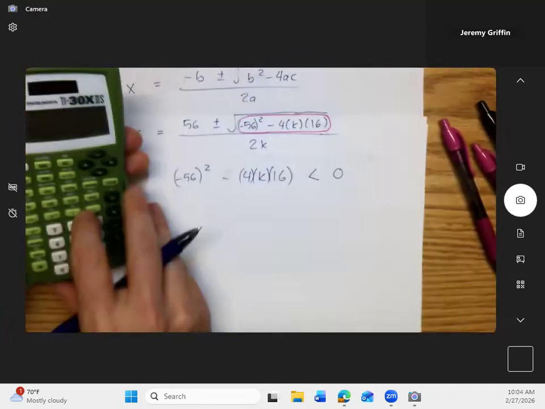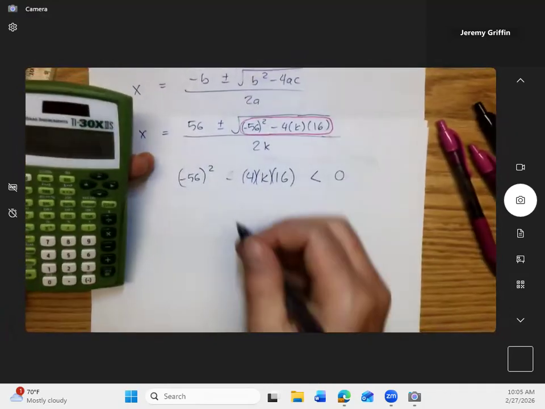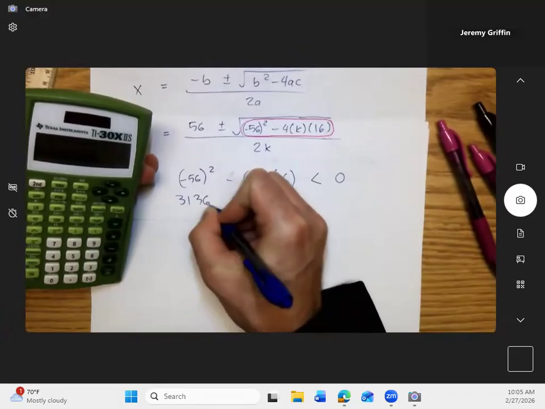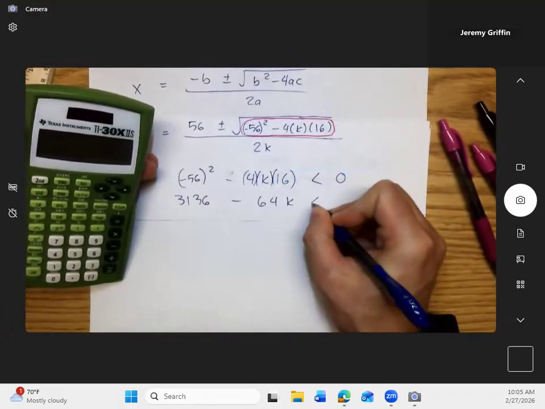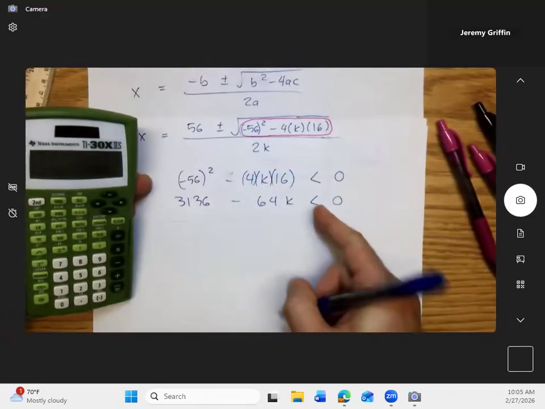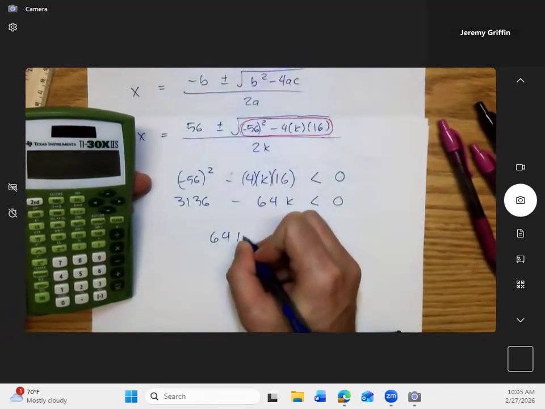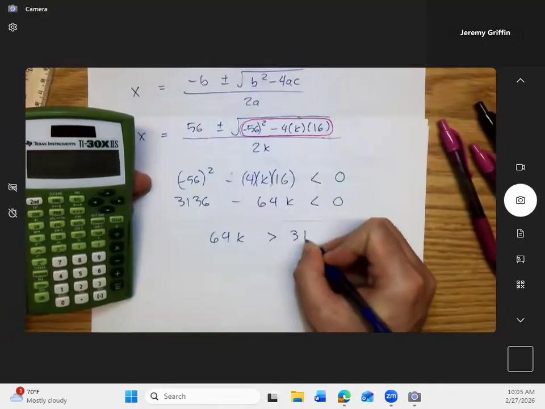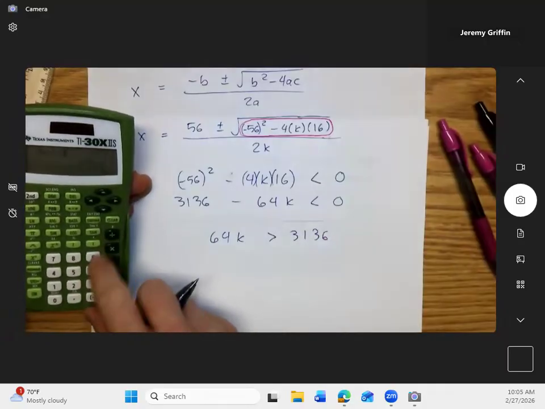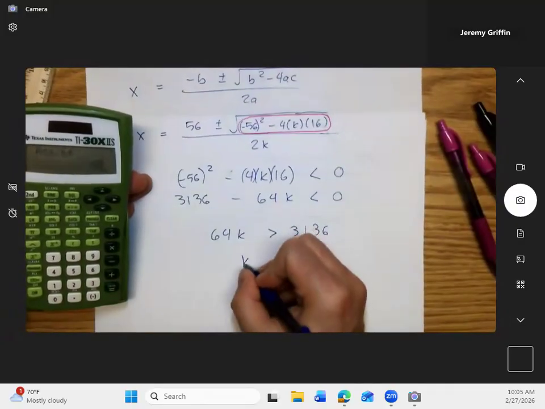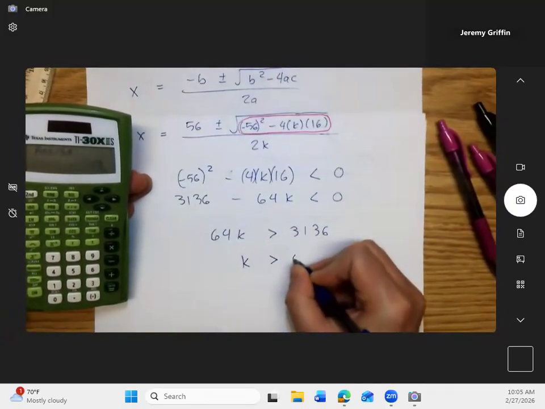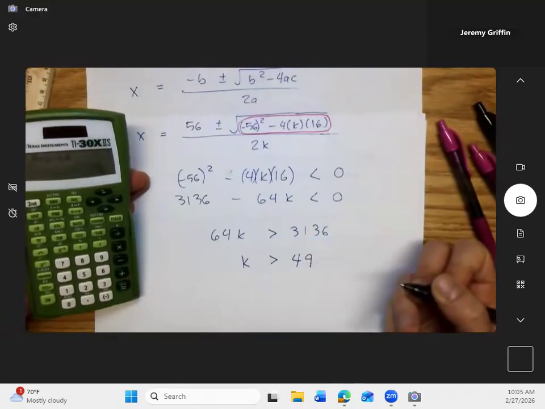So 56 squared is 3136. Minus 64k has to be strictly less than 0. So 64k has to be strictly greater than 3136. Divide both sides by 64. I'm getting k has to be strictly greater than 49. Guys see that? Is that right?